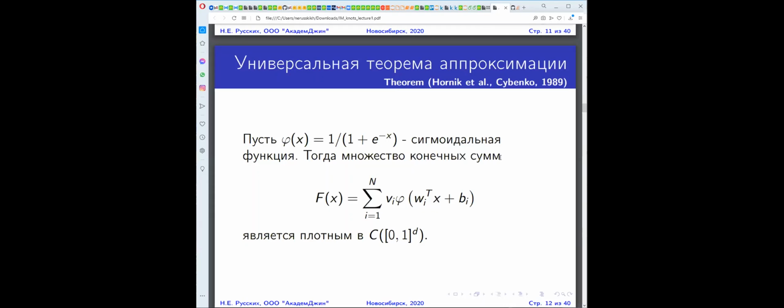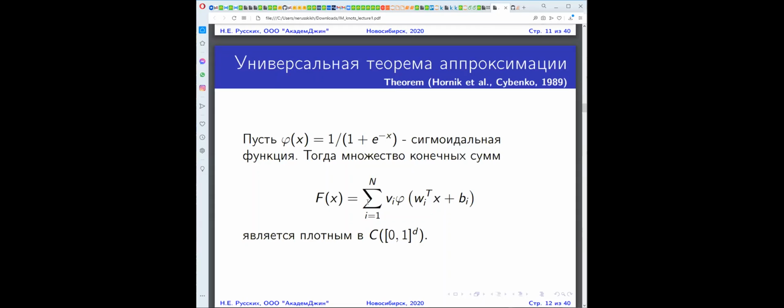And it states that if we take a sigmoidal function as activation function, and yeah, what I was about to say, we do not really need this exact function as an activation function.